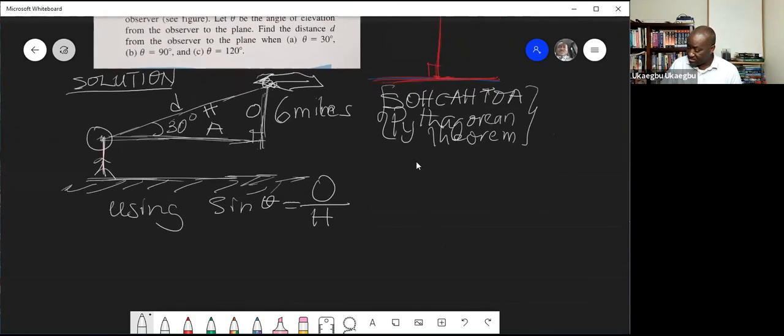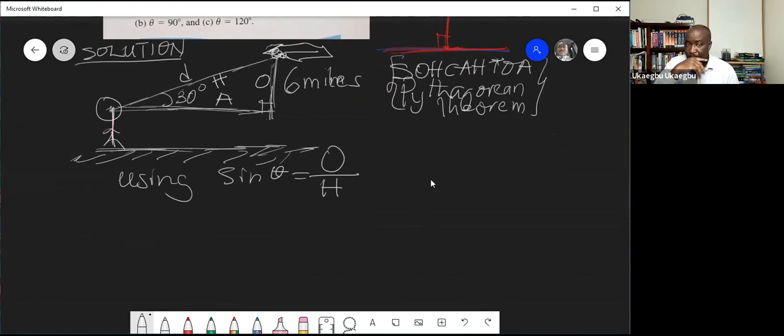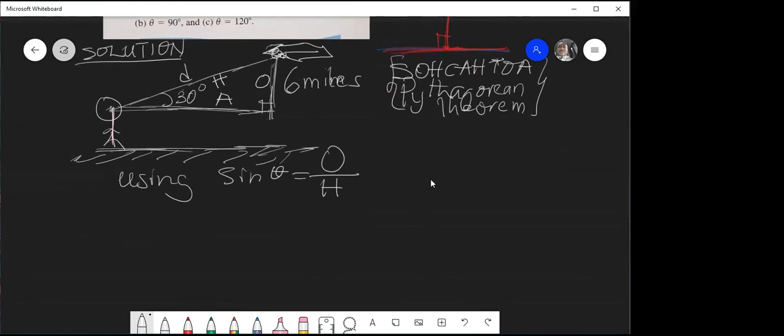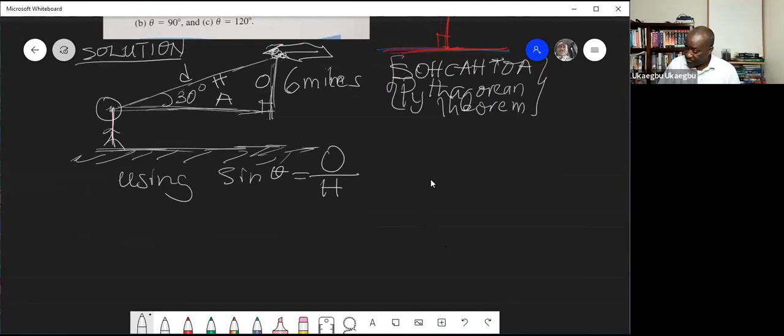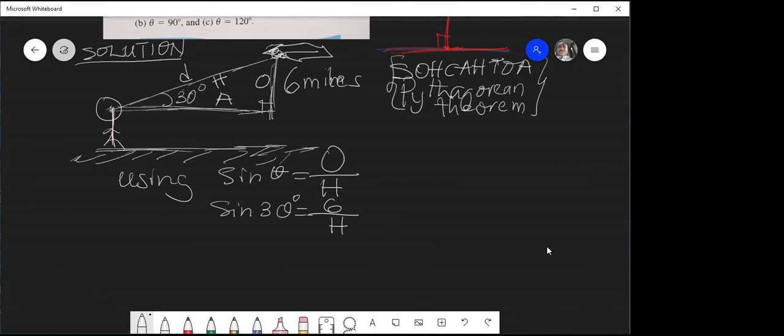And they gave you the opposite and the hypotenuse. So sine of 30 degrees is equal to the opposite, which is 6, divided by the hypotenuse. At this point, I'm going to give you 1 minute to solve and get the value of h. Everybody, try it, 1 minute.